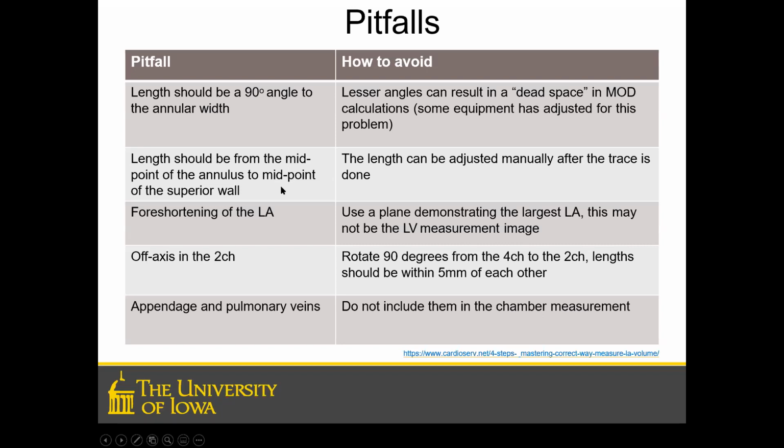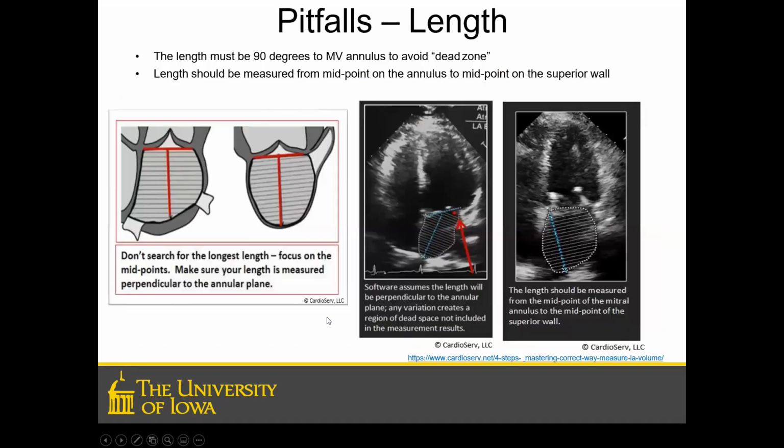The length needs to be in the midpoint of the annulus, and that can be manually changed after we do the trace. We want to make sure the LA is not foreshortened, so it's often not the plane of the LV. The 2-chamber needs to be in a good rotation, so they're within 5 millimeters of each other, and don't include the appendage or pulmonary veins.